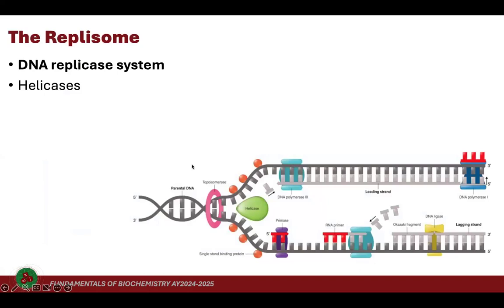Okay, so as mentioned, the addition of each nucleotide in your growing daughter strand takes place in the replication fork. And here in the replication fork, you will find not just your DNA polymerase, but also other enzymes that help in making DNA replication possible.